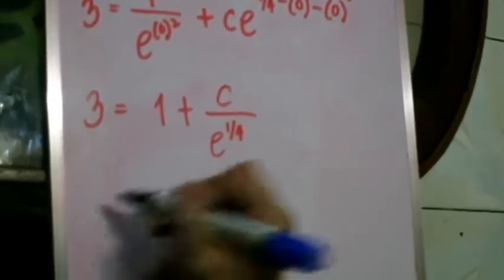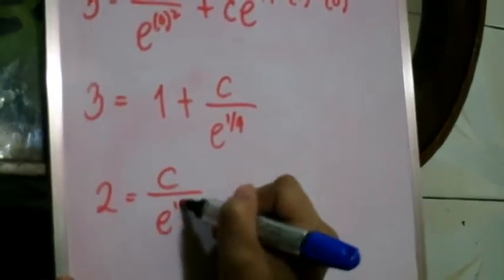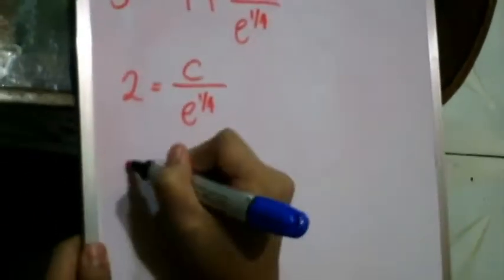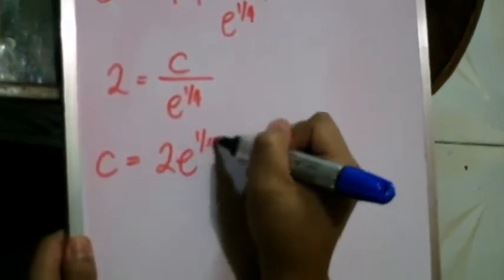Now, 2 equals c over e raised to 1/4, and cross multiplying we have c equals 2 times e raised to 1/4.